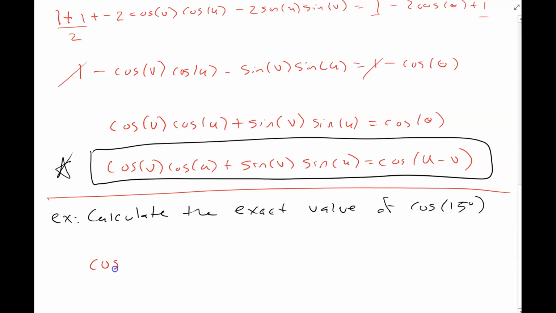So I'm going to start with cosine of 15 degrees. And I want to rewrite 15 degrees as the difference of two angles on my unit circle. So are there two angles from my unit circle that when I subtract them, I get 15 degrees?